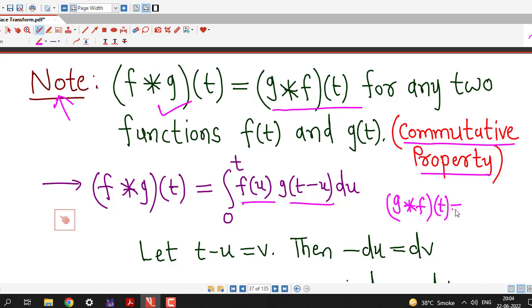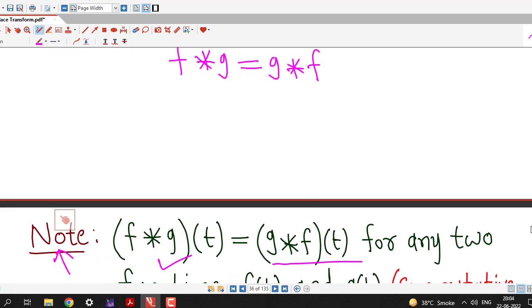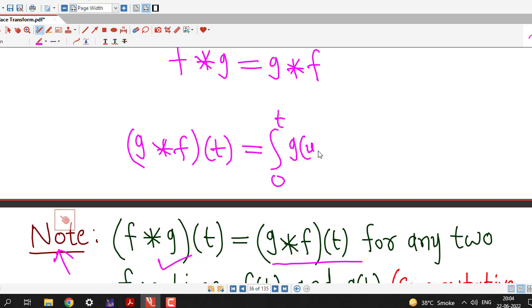So that is equal to integral 0 to t g of u f of t minus u du, and instead of u we can use a dummy variable also. Suppose I want to write down g star f of t. By the definition, it is integral 0 to t g of u f of t minus u du.